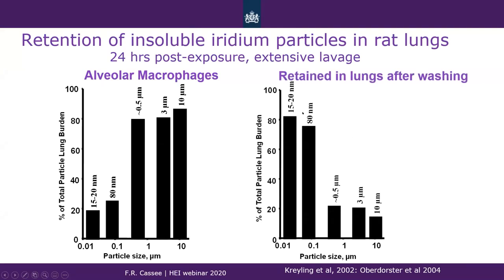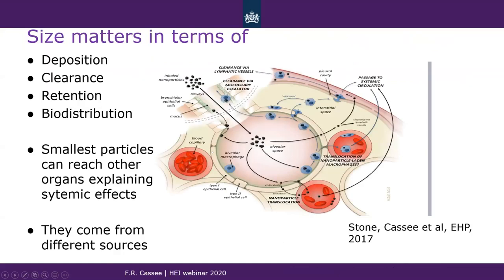And the opposite is also true. If you look at how much actually stays in the lung after you wash them, the majority is for the nanosized particles, whereas the microsized particles are not well retained in the lung tissue. So the entire story is more about toxicity.